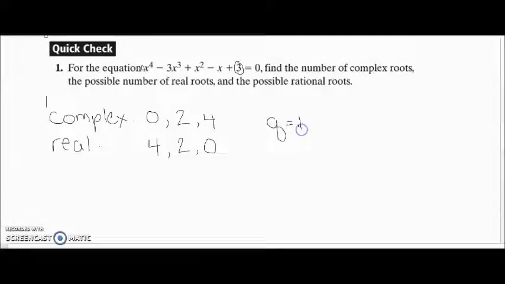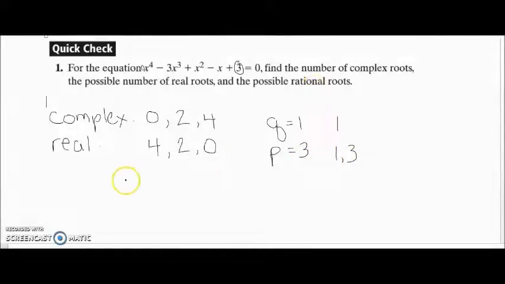And in this case, Q is equal to 1. So what are the numbers that we could use to get to Q? Well, just 1. 1 times 1 is going to get us 1. P, on the other hand, this one right here, is 3. So what are the numbers that we could use to get to 3? Well, 1 and 3, because 1 times 3 is 3.